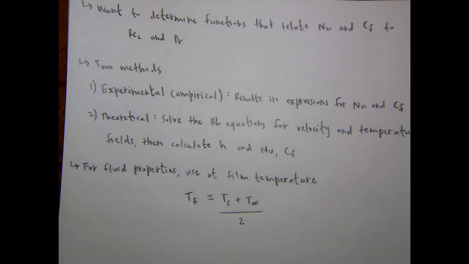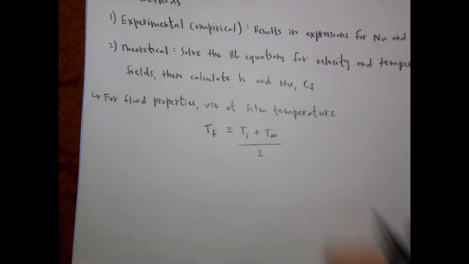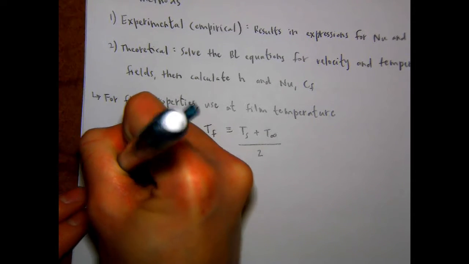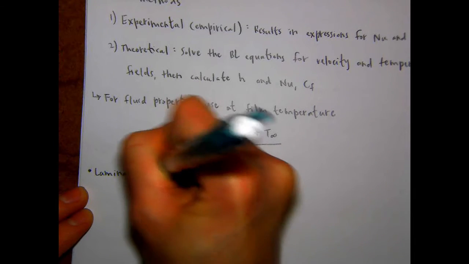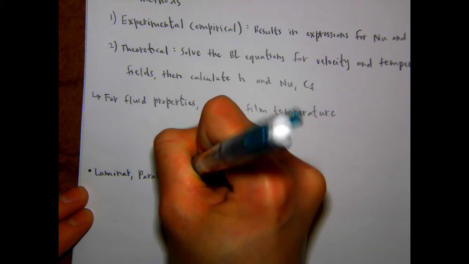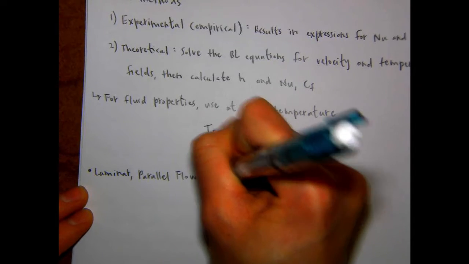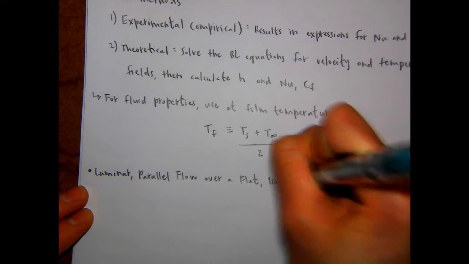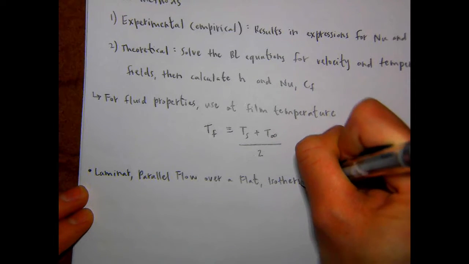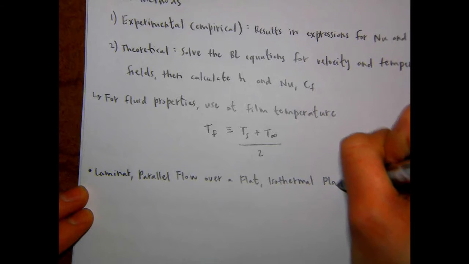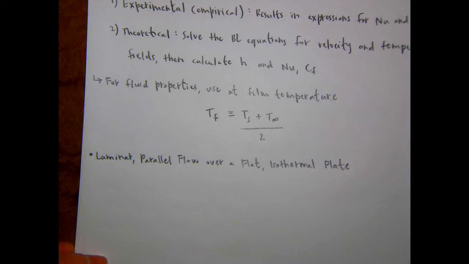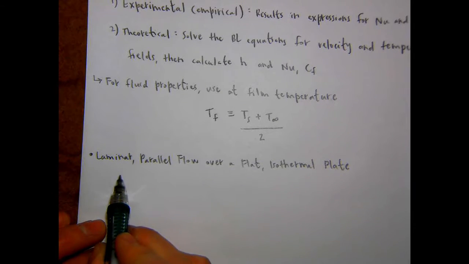So we'll talk about now our first geometry and actually write down some functions. We're going to consider laminar parallel flow over a flat isothermal plate. So we're talking only about laminar flow for now.